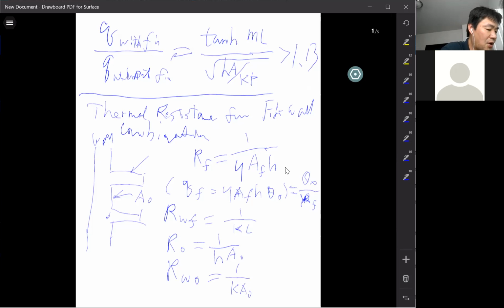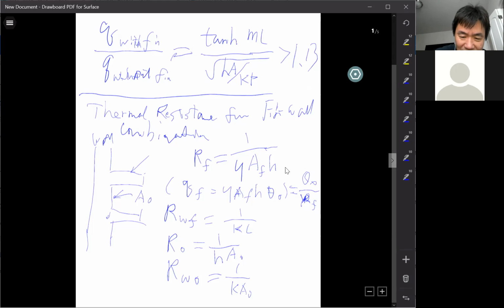Let me double check one thing. Give me 1 second. Yeah, I think I have a typo here. For the conduction thermal resistance, L is in the numerator, over the cross-sectional area of the fin.